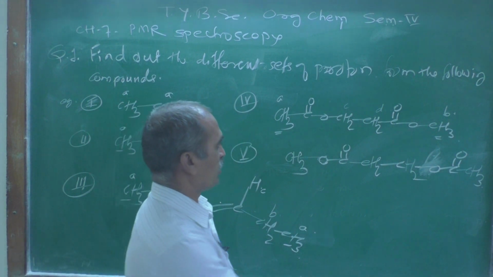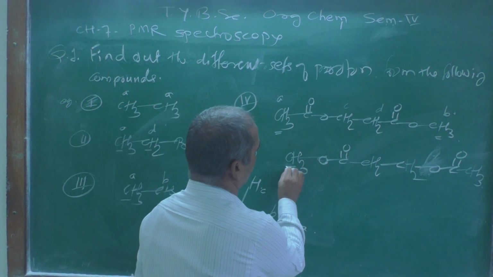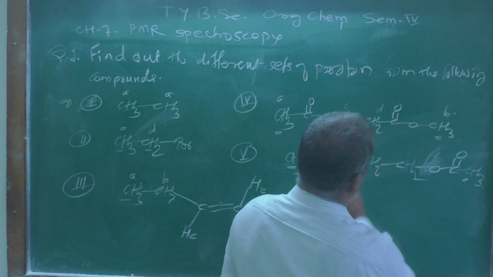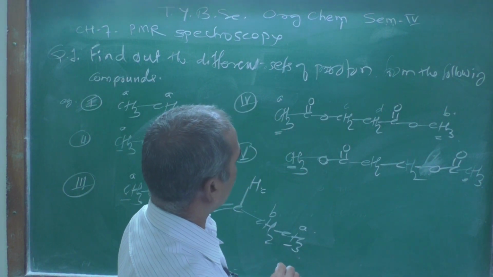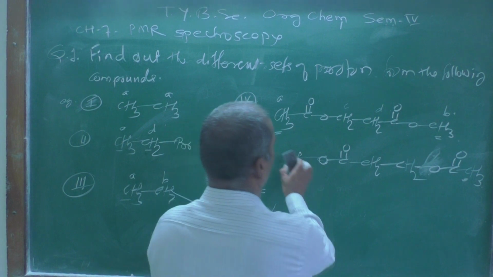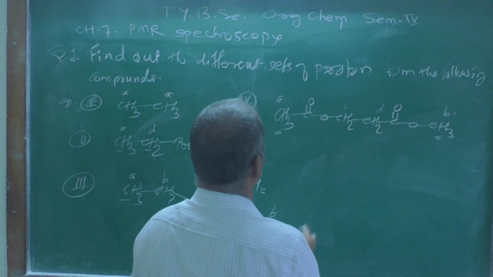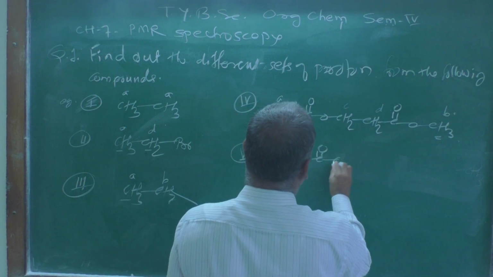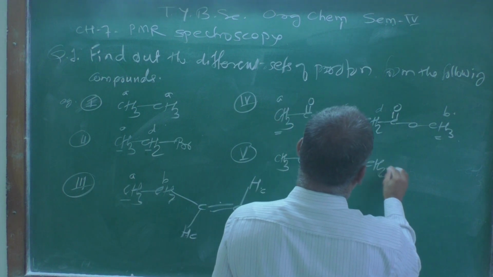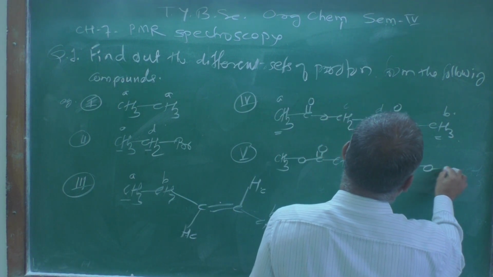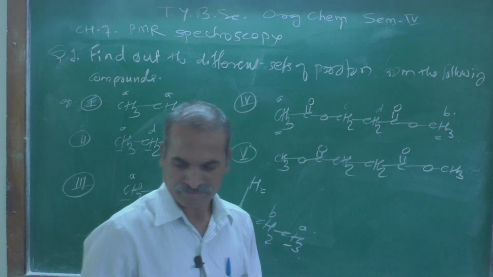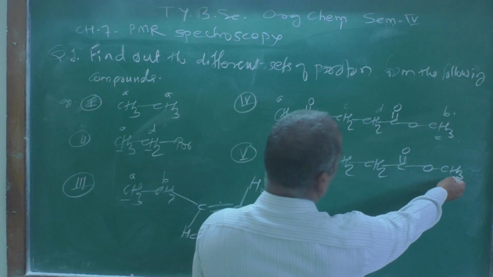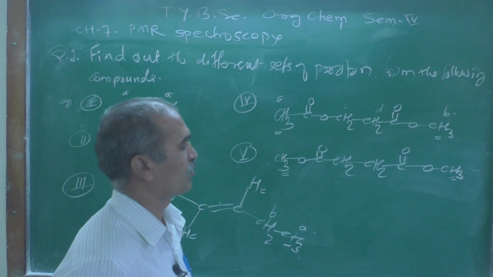If you observe this molecule carefully, look at this methyl group and this methyl group. Let me clear this point. Let me draw here CH3 O, C double bond O, then CH2, then CH2, C double bond O and CH3. Look at this example. Look at this methyl group and this methyl group carefully. What do you see?